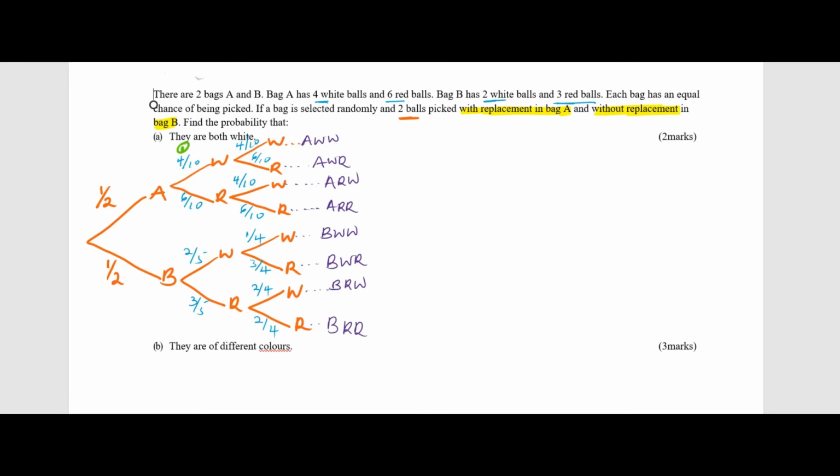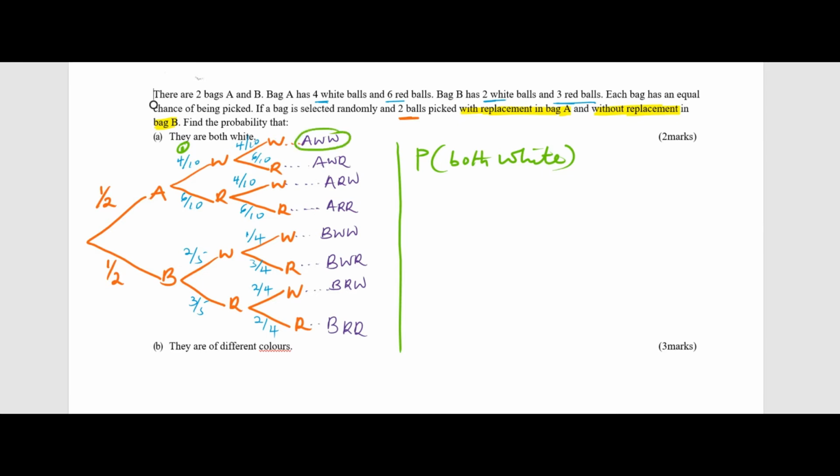Now the question reads: the probability that both are white. So this probability is given by, where do we have 2 whites?